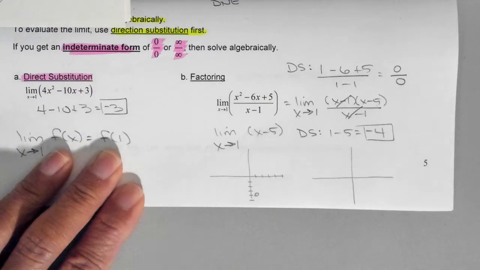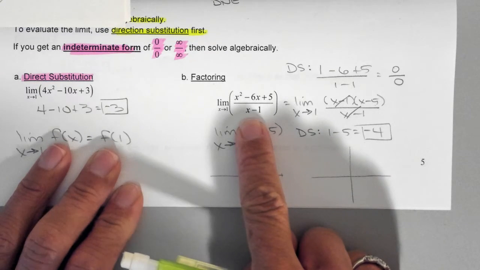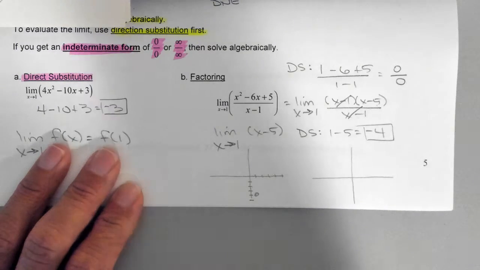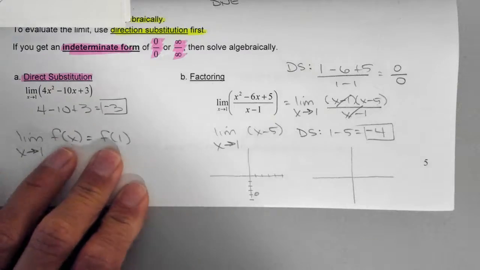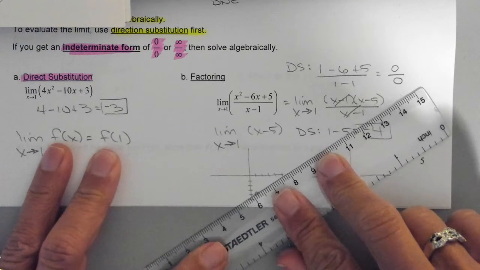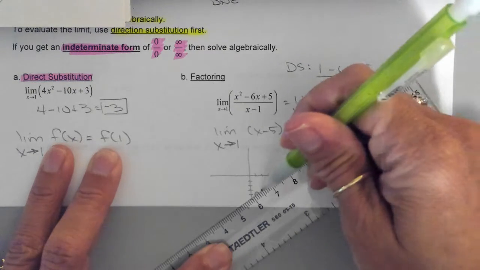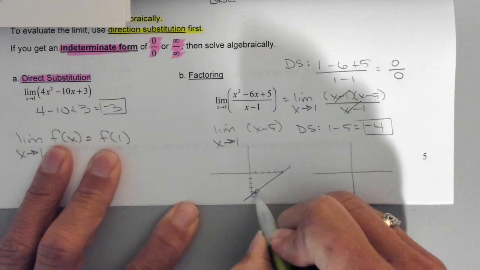Okay, so if I were to sketch this, even if I put this in the calculator, it actually factors it for you and cancels out the hole. But then when you go into the table, if you go to where x is equal to 1, there's going to be an error message. Okay, so what it would give you is something like this graph, and then when you go into the table, you would see that this function is undefined right here.